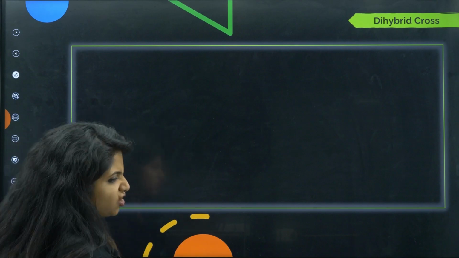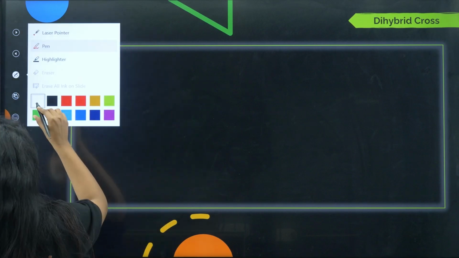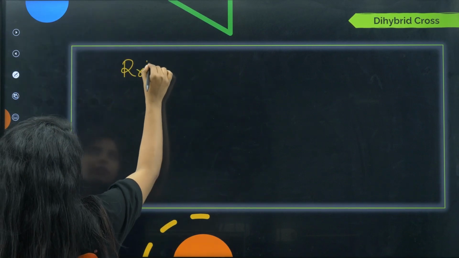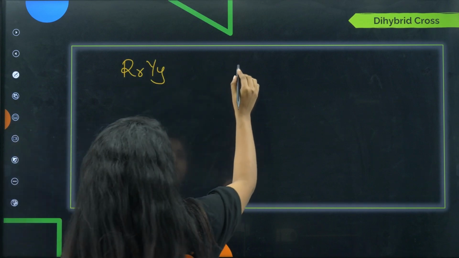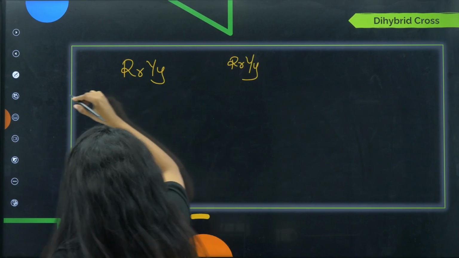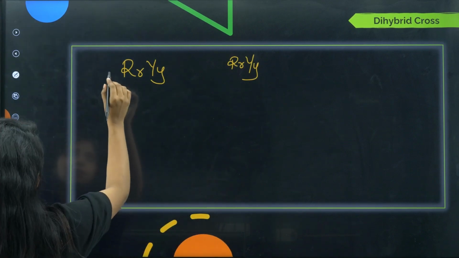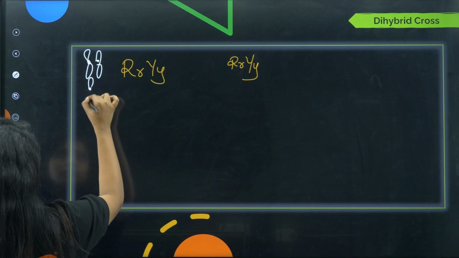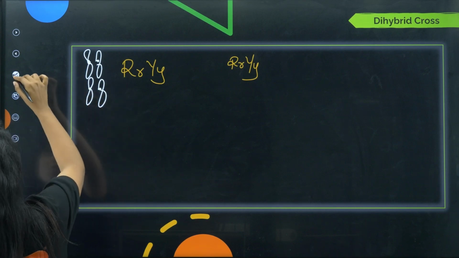We are going ahead. Just a second, children, it's too cold. So I have capital R, small r, capital Y, small y. Here also I have capital R, small r, capital Y, small y. Now, for imagination, I am making the chromosomes as well. This is one chromosome, this is another chromosome, this is one chromosome, this is another chromosome.